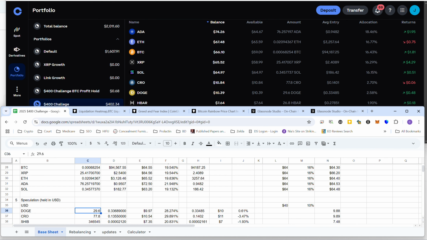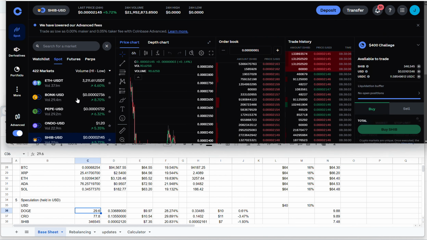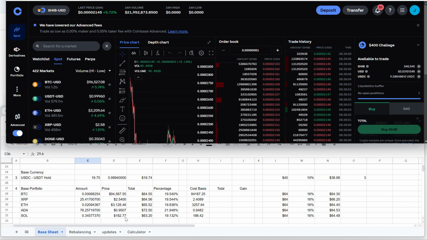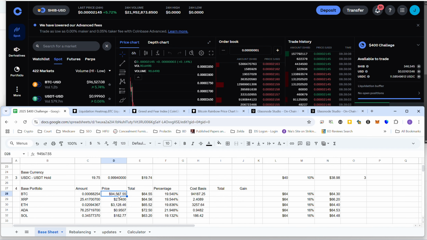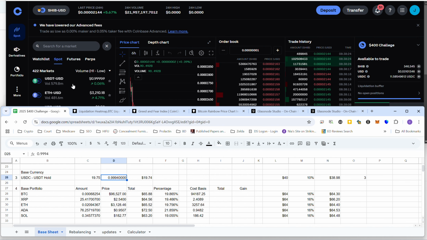So now let's do a real quick price run for current prices. We're going to do BTC. Current price is 96,527. I'm not putting in pennies on something that large. Our current price of our USD, that's USDC, we'll worry about that later. ETH is 3210.